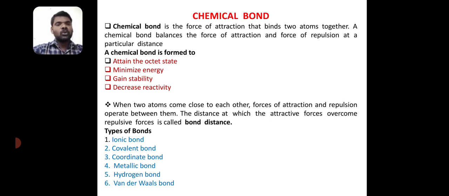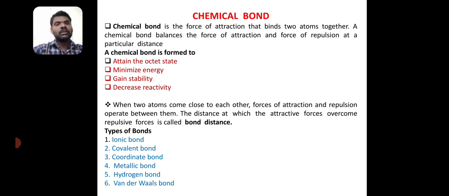When two atoms come close to each other, a force of attraction and a repulsion force operate between them. The distance at which the attractive force overcomes the repulsion force is called the bond distance. So this is the bond distance, and there are many types of chemical bonds.